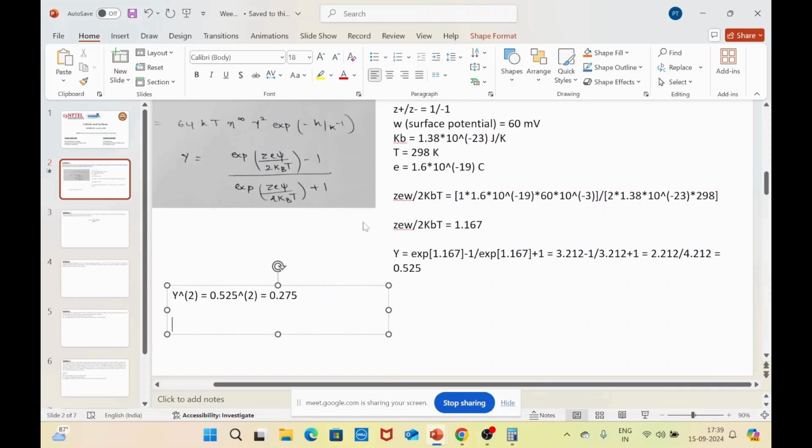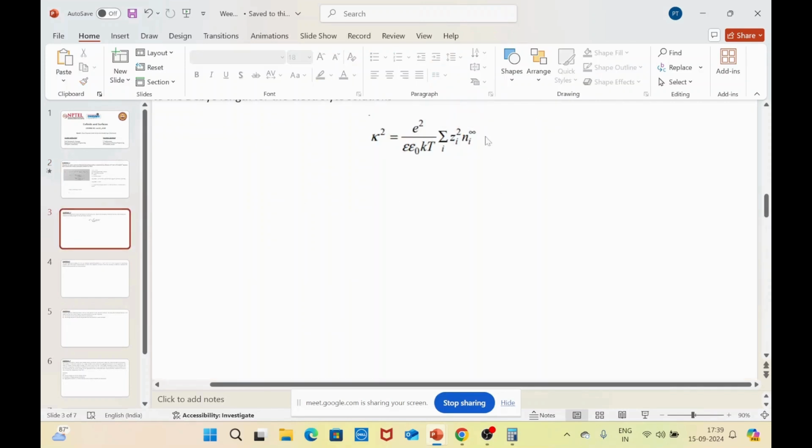After this, what you have to calculate is kappa inverse. For that, you need to use this equation. I hope you are able to remember it. Kappa square is nothing but E square by epsilon naught kT times sigma zi square ni of infinity.